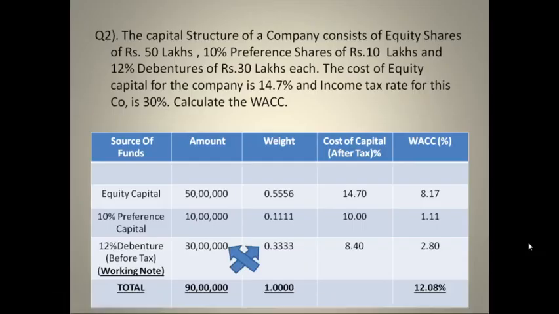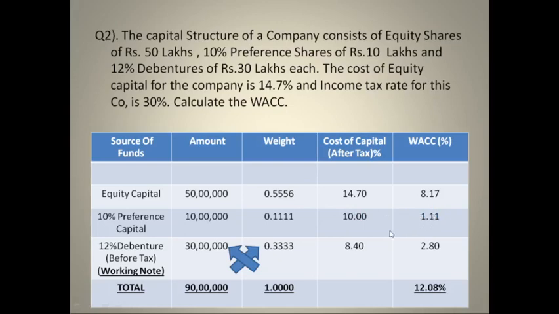So now we'll be preparing the final column, which is the weighted average cost of capital. We know that the formula is the weight of a particular source of fund into the cost of that source of fund. In our sum, we multiply the weight of equity with the cost of equity and get the answer as 8.17, and we add to it the weight of preference into the cost of preference, which gives 1.11.